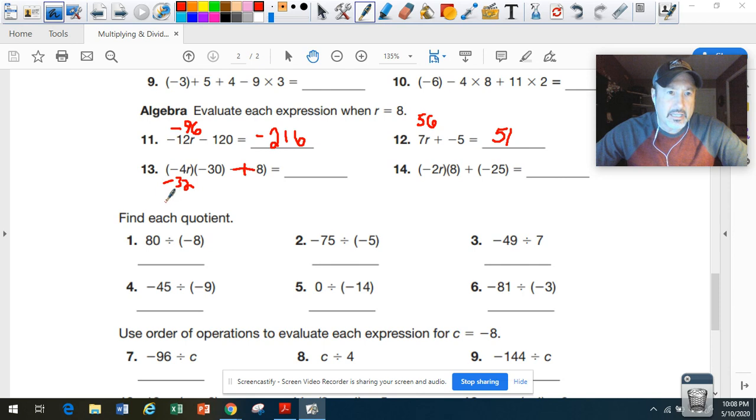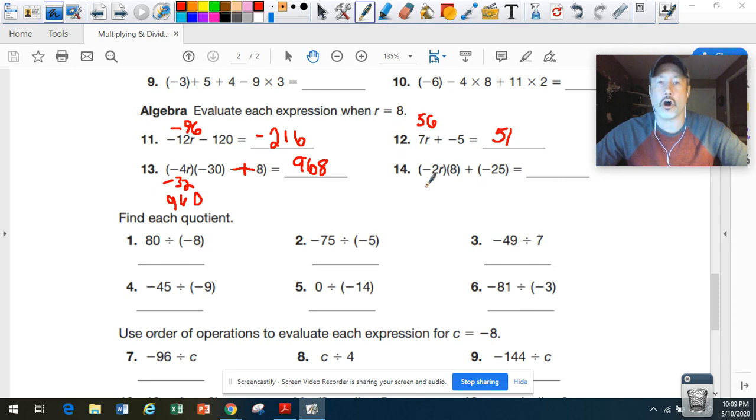Okay, let's see, that's going to be positive 960. Okay, that's a positive. Okay, plus my 8 is going to give me an answer of 968. Very good.